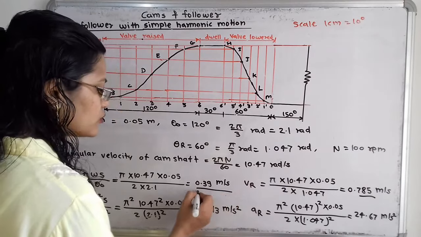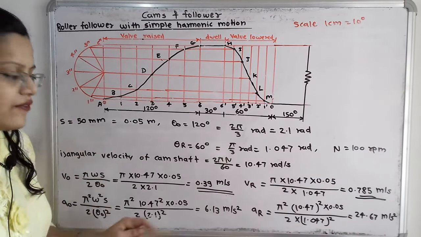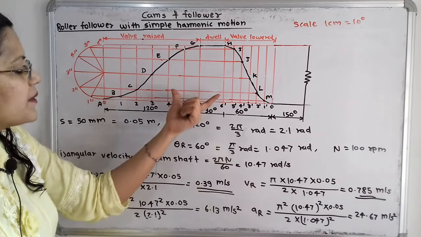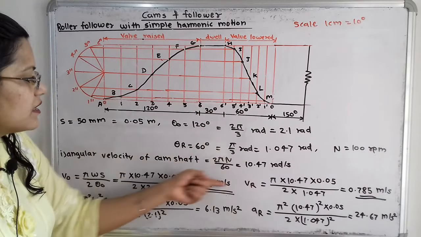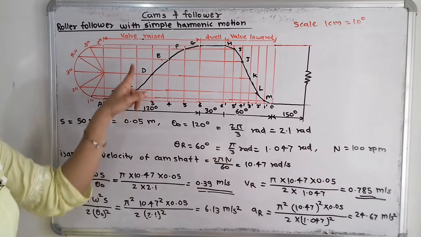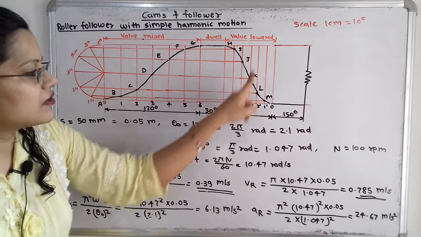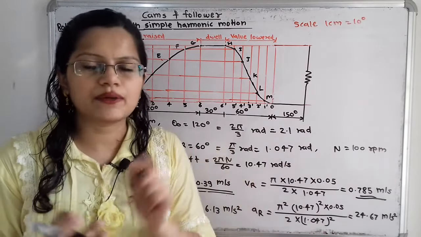So these two values are important to draw the velocity graph. When we draw the velocity diagram, this is the maximum value while the valve is raised and this is the maximum value while lowered.